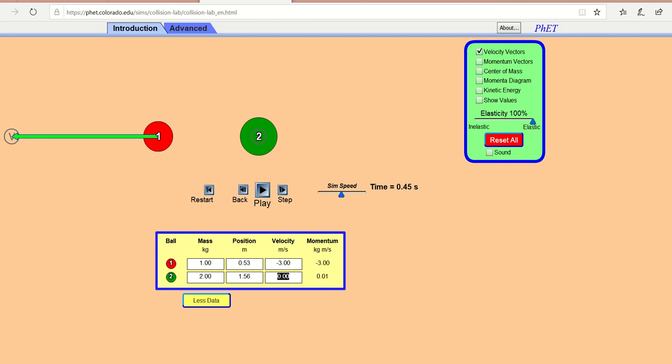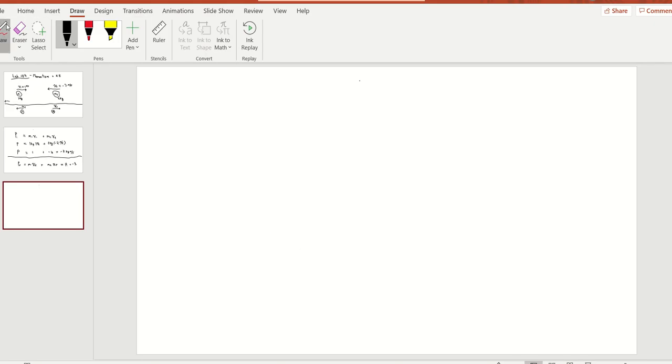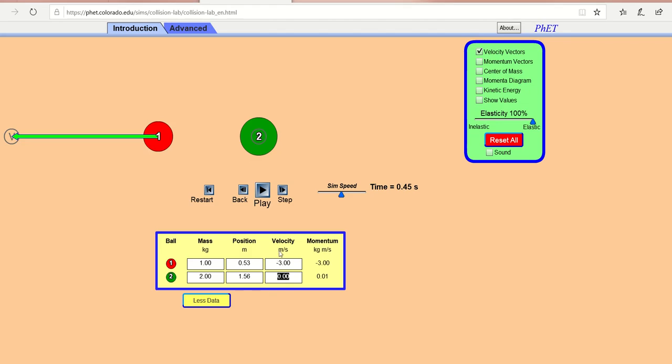So let's plug those numbers into the momentum formula, and we get that the final momentum, P final, is going to be M1 times V1, just rewriting the equation, plus M2 times V2 final. But the masses don't change, so it's just 1 times V1 final, which is -3. Where I got the -3 is I looked at the data from the experiment, and it says that the velocity after they hit each other, final means after the collision, is -3 for the red ball number 1.